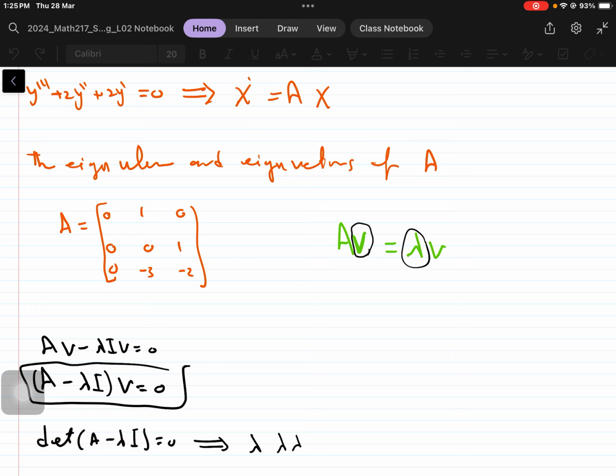So let's just substitute. What is the A matrix? We have it. The lambda is what we're looking for. The I is the identity matrix.